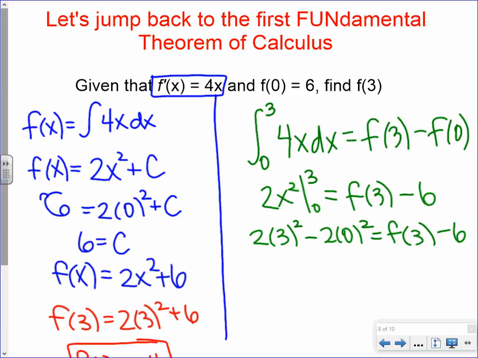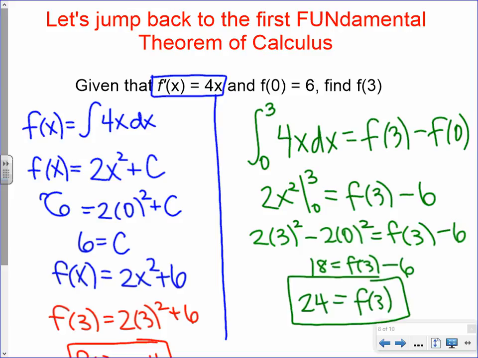We're going to get 2 times 3 squared minus 2 times 0 squared, which is 18. And then when we add that 6 over, we get f of 3 is 24. So we can actually use the fundamental theorem of calculus and not even have to worry about what the function really is.